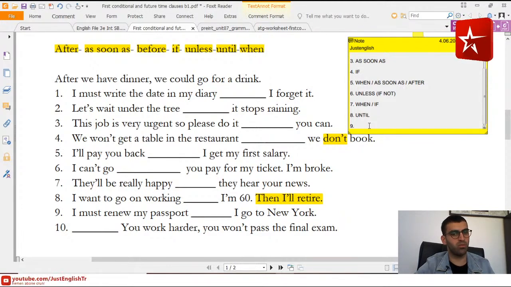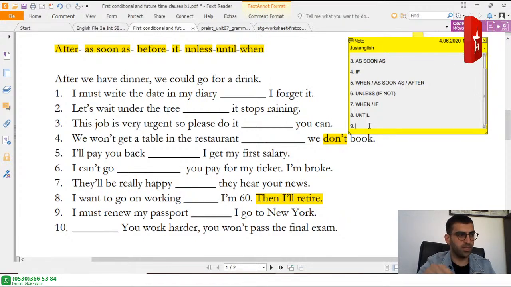I must renew my passport when I go to New York. No, it's not the correct answer. Before, yes, Azime is also right. The correct answer is before.